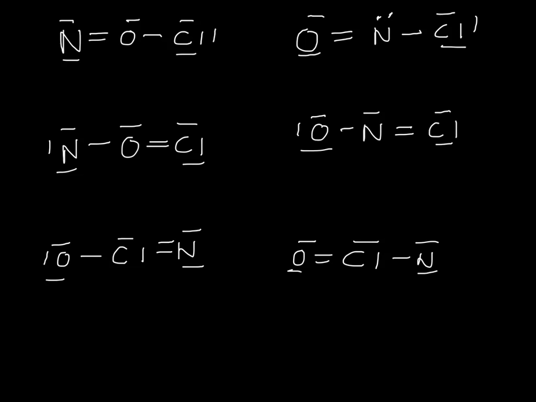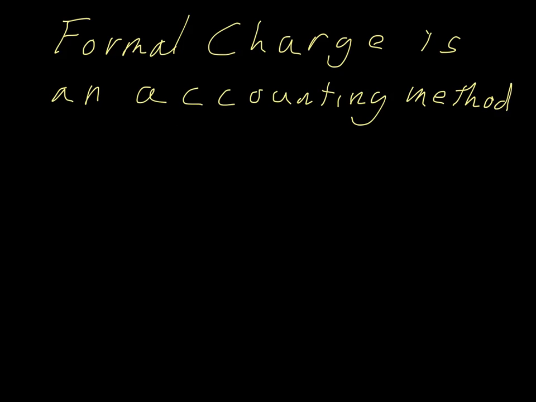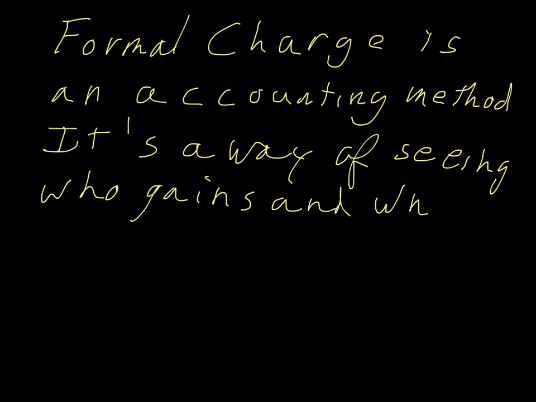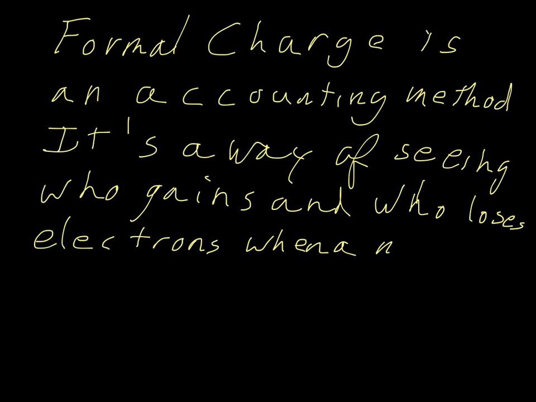Well, one of the big tools we have is that of formal charge. Formal charge is an accounting method. It's a way of seeing who gains and who loses electrons when a molecule is formed.